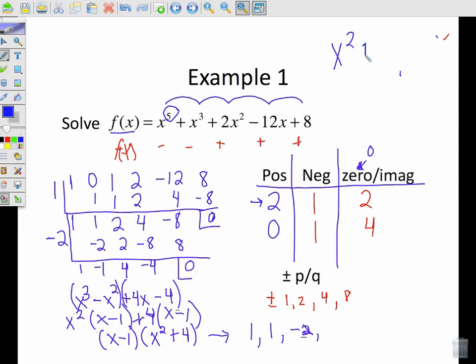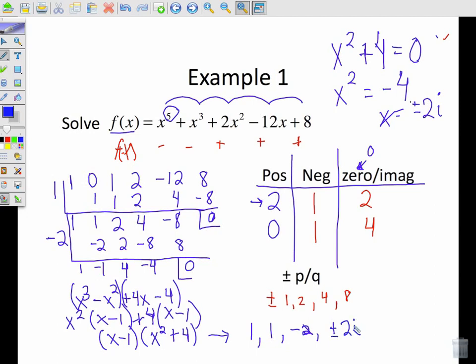And if I solve x squared plus 4 and set it equal to 0, then x squared would equal negative 4. And so x would equal plus and minus 2i.